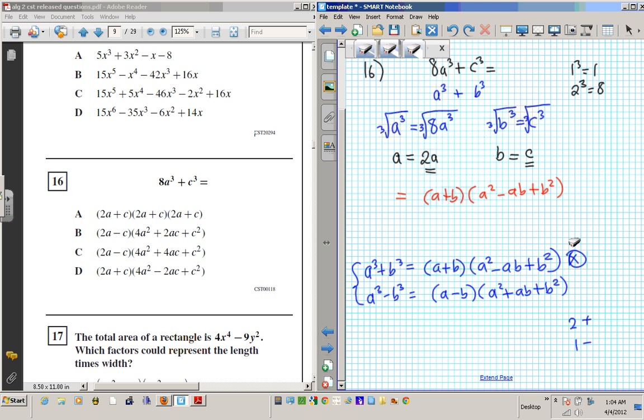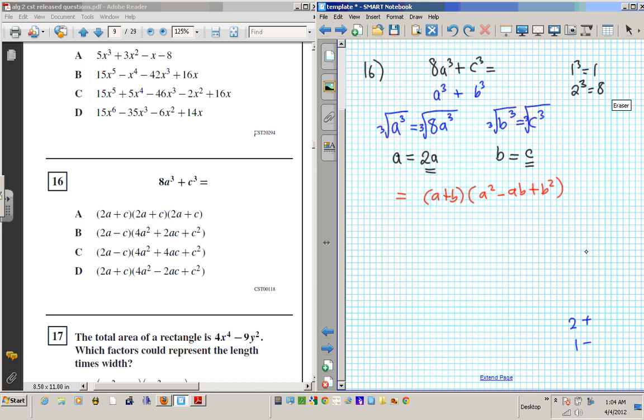If I plug it in, I'm going to have 2a plus c, times, 2a squared, minus ab, which is basically 2ac, plus b squared, which is just c squared.